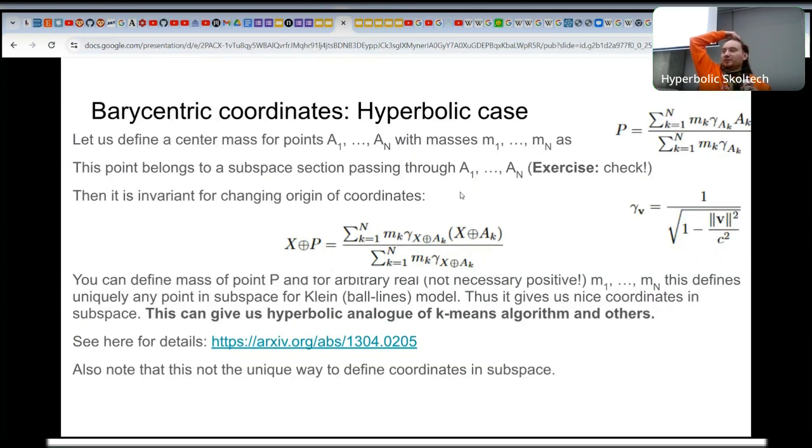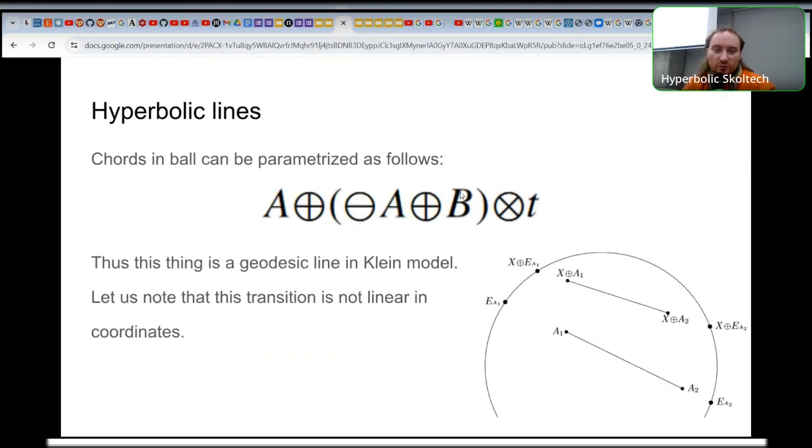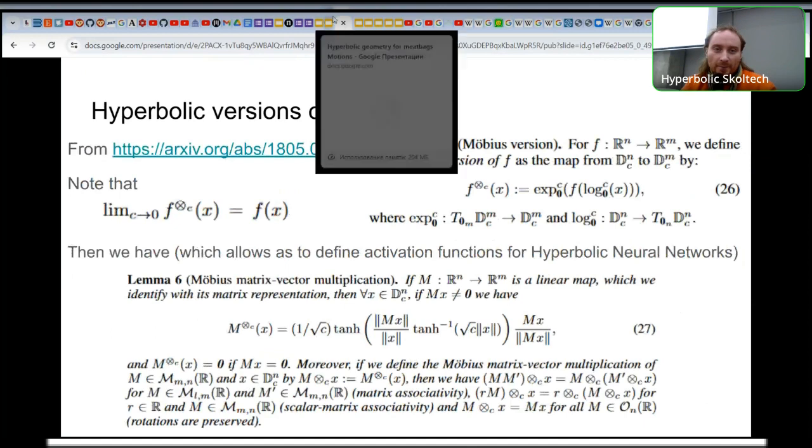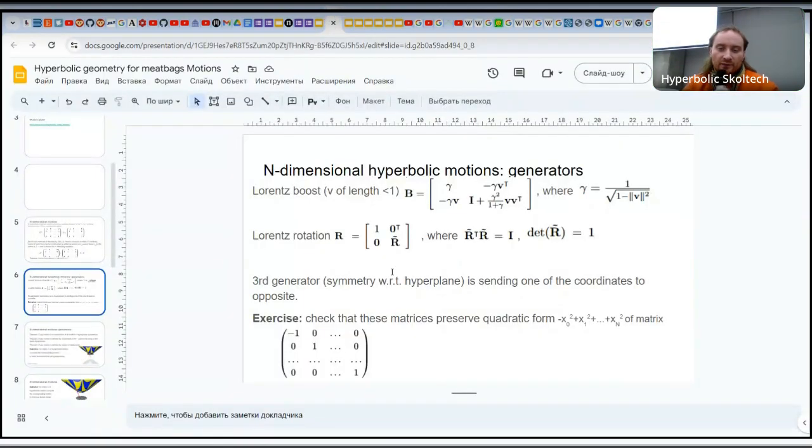One thing I was curious about is the motions of n-dimensional hyperbolic space. Recently we have received these formulas.